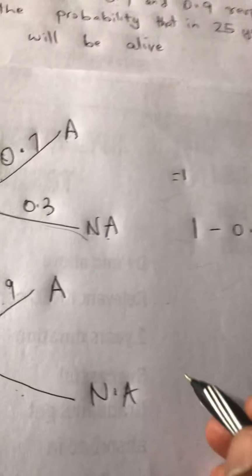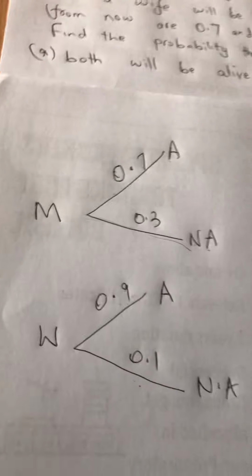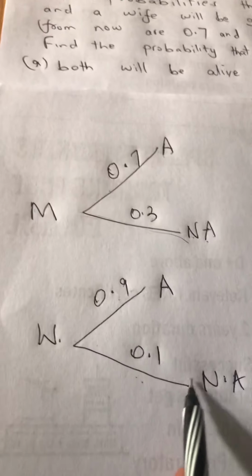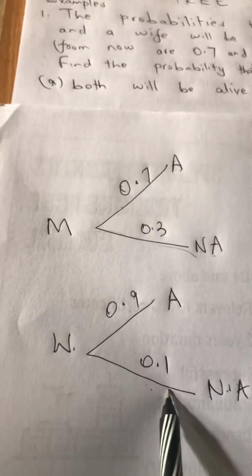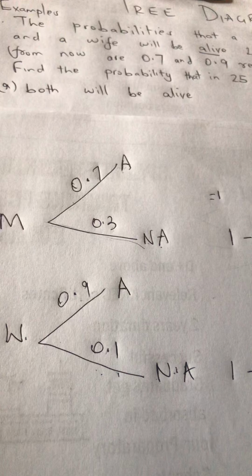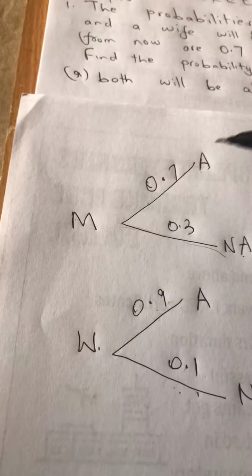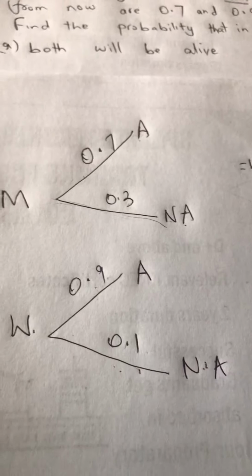Therefore, not alive is 1 minus 0.9, which is 0.1. So the probability that the wife will not be alive in 25 years time is 0.1. As you can see, if you add both of them, you get 1. If you add this and this, you get 1. Hapo sawa? Nice one.